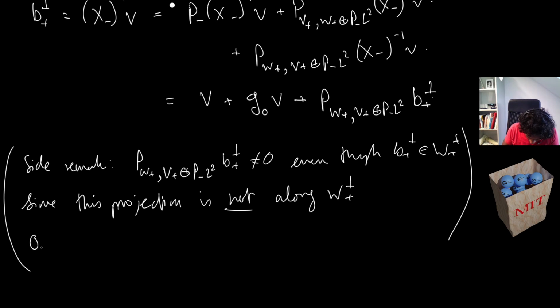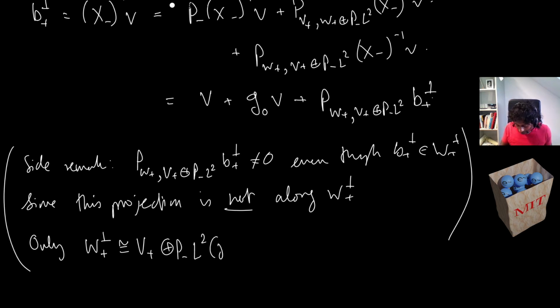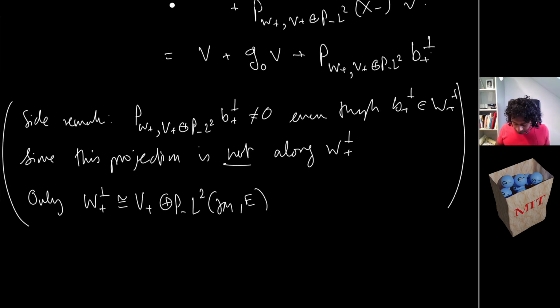So we only have actually that W plus perp is isomorphic. So here, one of the difficulties of this decomposition is really that we need equalities, not just isomorphisms, right? We really need the spaces to equal things, and that's much harder to organize than isomorphisms, of course.